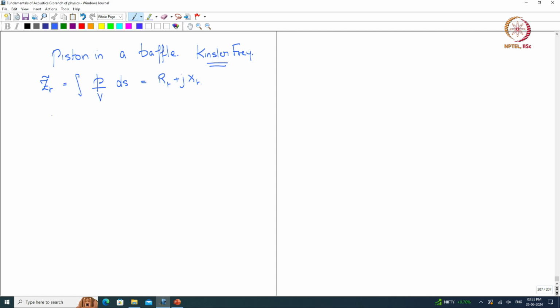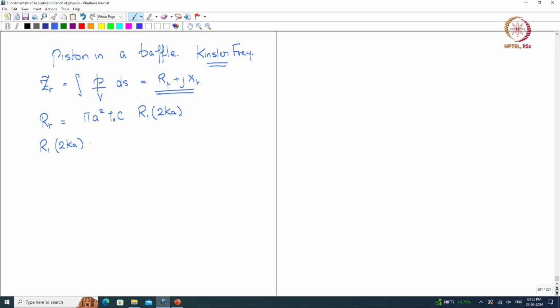Now this is a very tedious calculation, so we don't go to the details here, but R of R is now pi a square rho 0 c into some function R1 of twice Ka. And how does R1 of twice Ka look like?